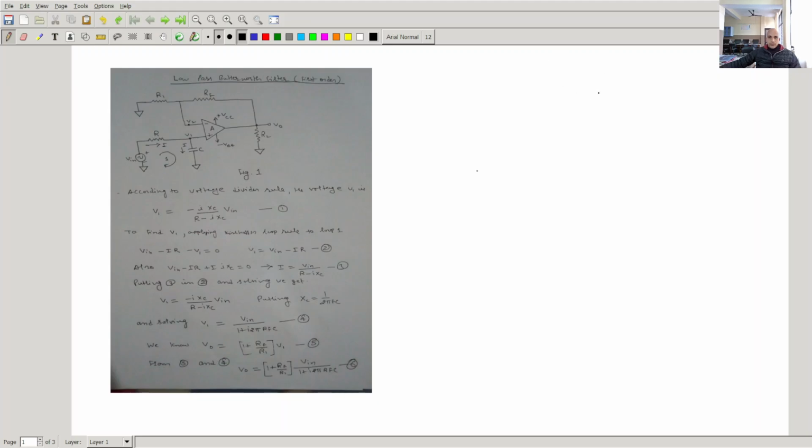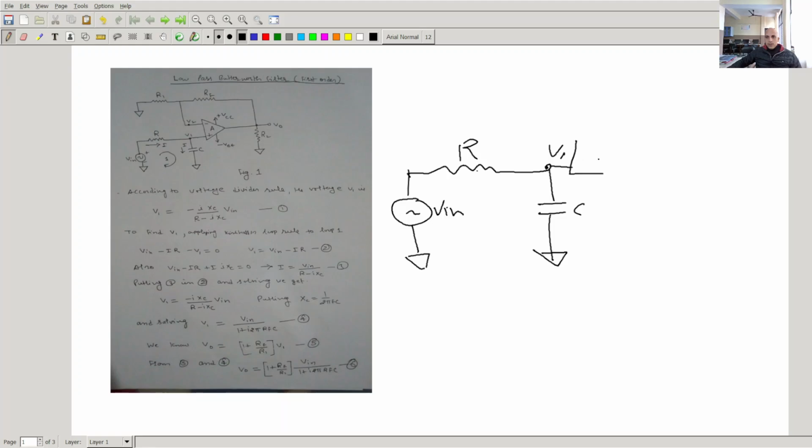So you can see here, if I take this loop exclusively, this is Vin, this is R, this is the node, V1 is the voltage at this node, and this is further connected to the positive terminal of the operational amplifier, right?